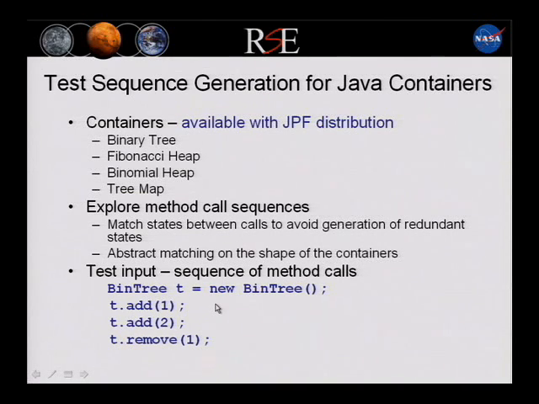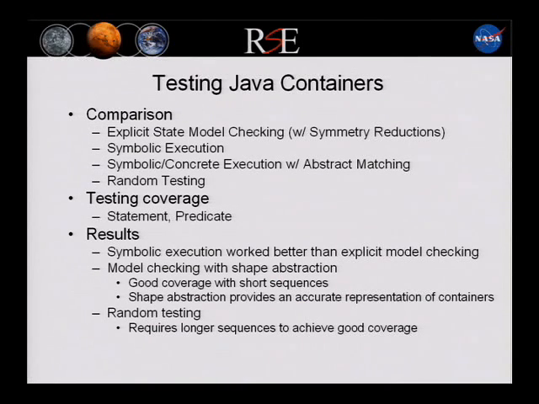And we just checked for the default properties that JPF checks, like no runtime exceptions thrown. So we performed a comparison between explicit state model checking, also with some symmetry reduction, meaning some reductions that are encoded in JPF to take advantage of the symmetry in the heap of the program that is analyzed.